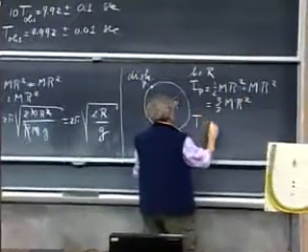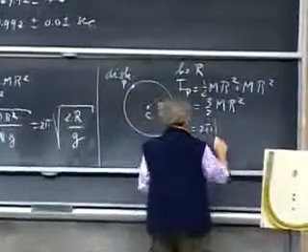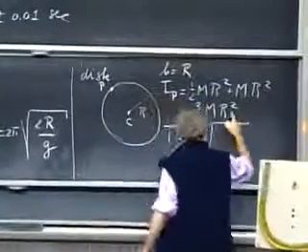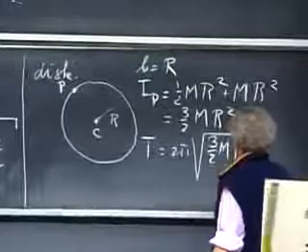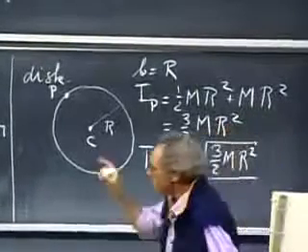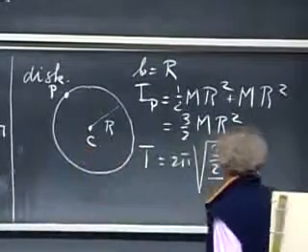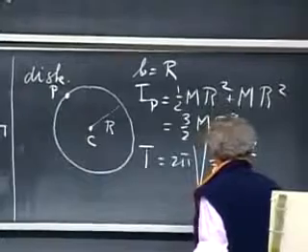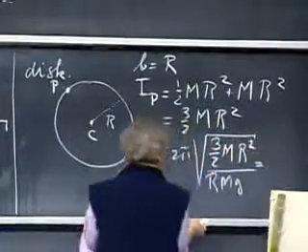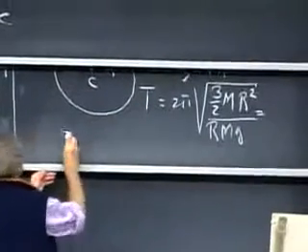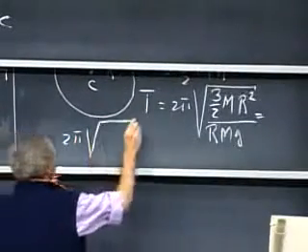So what is the period of oscillation? 2 pi times 3/2 mr squared divided by bmg. B is r, mg, and that equals 2 pi times the square root.